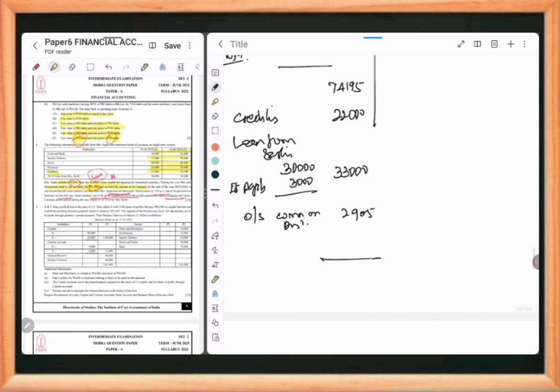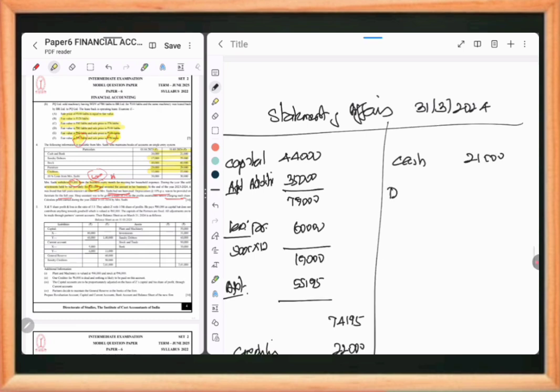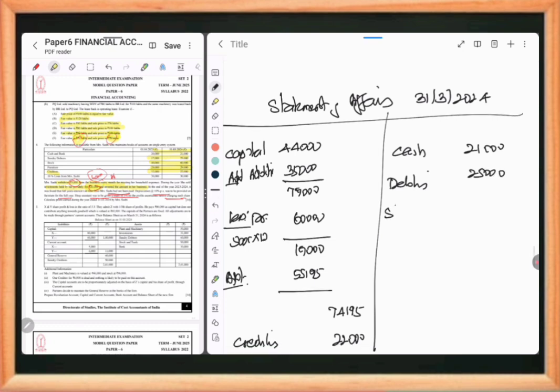So that's all. Here cash at bank is 21,000, the same amount. And then debtors, there is no change, that is 25,000. And then stock 60,000. And then furniture 29,000.